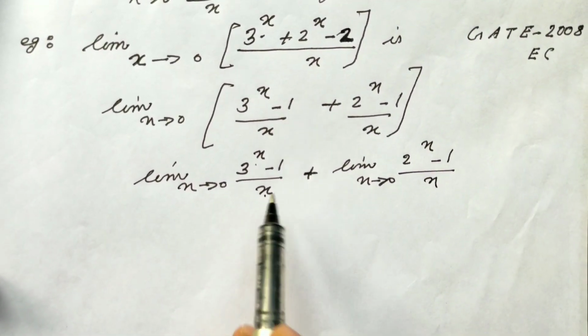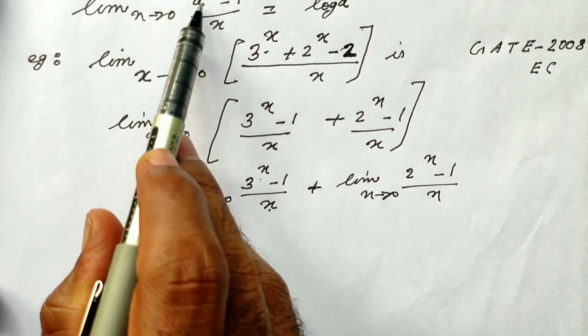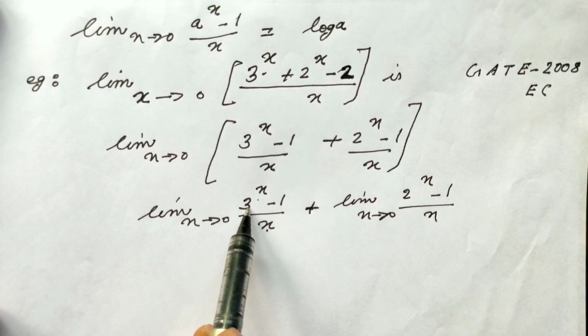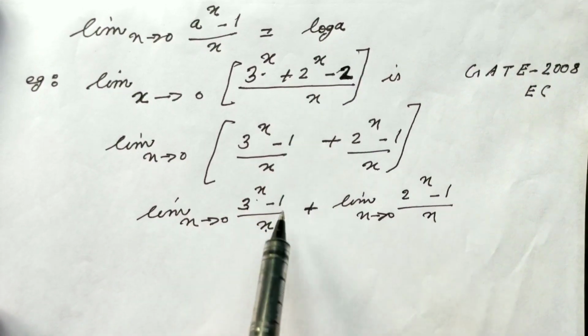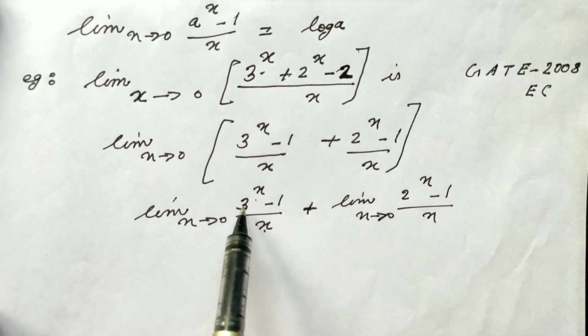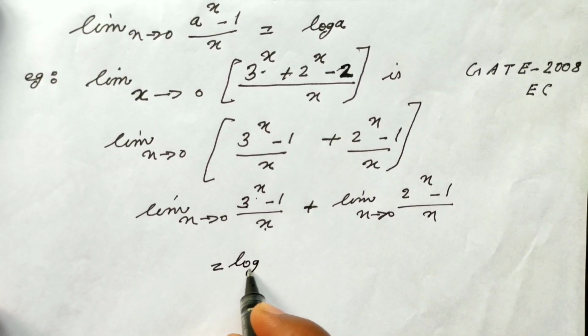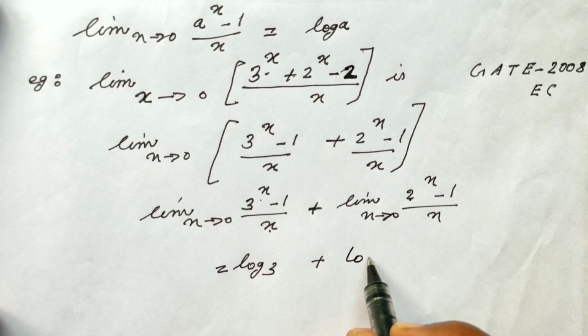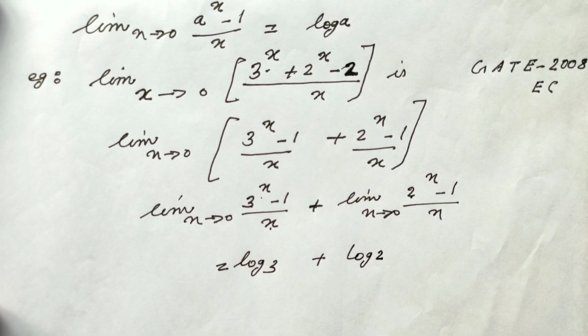Now it is in the standard form of limit x tends to 0, a raised to x minus 1 divided by x. Instead of a, here it is 3, therefore the answer for this limit is log a, that is log 3, plus here it is 2, therefore the final answer is log 3 plus log 2.